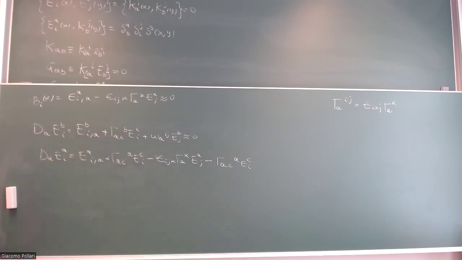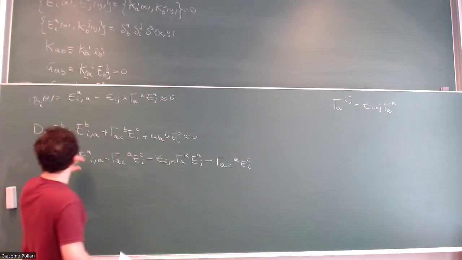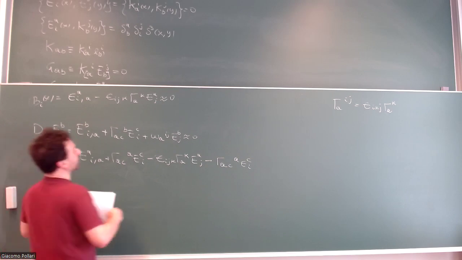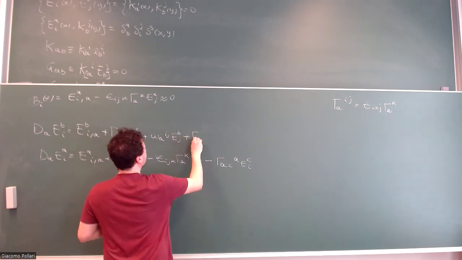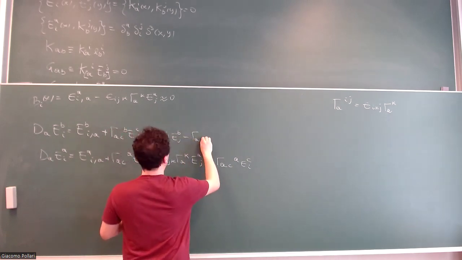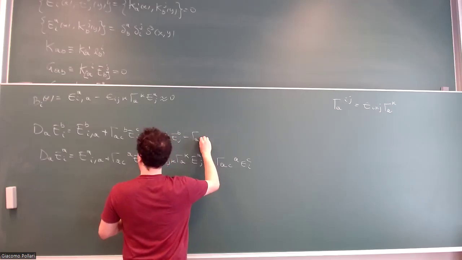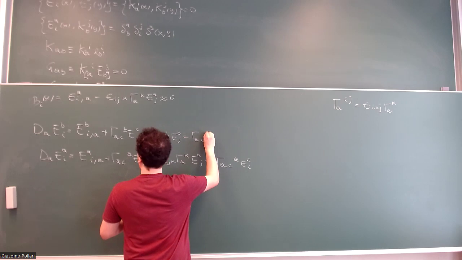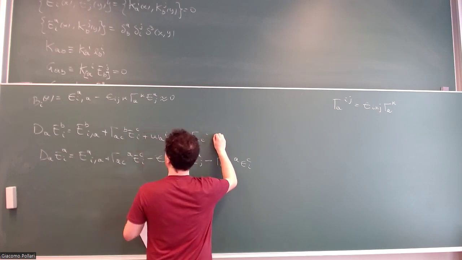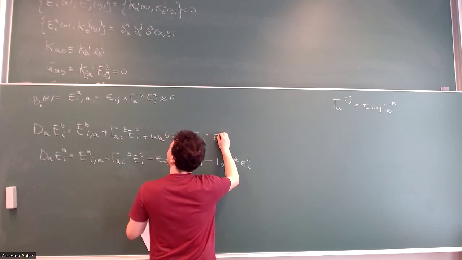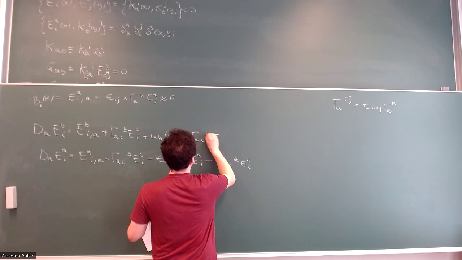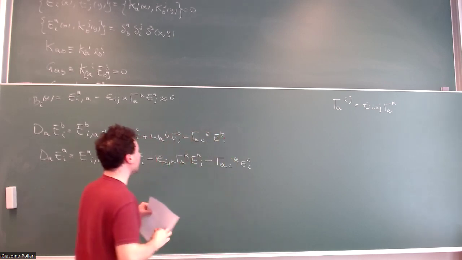So why didn't you write it in the previous line? Because this one, oh, you're right. Yeah. Minus A C A E, yeah, I C C B. Yes.